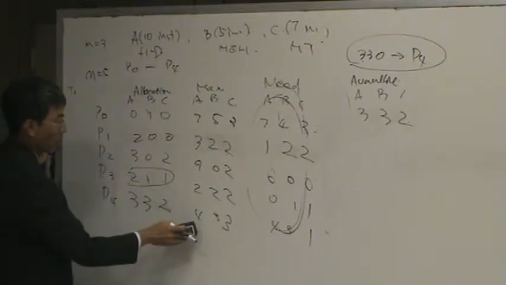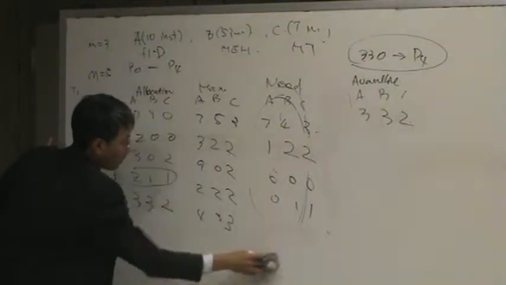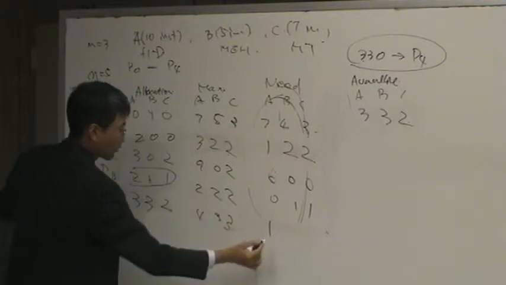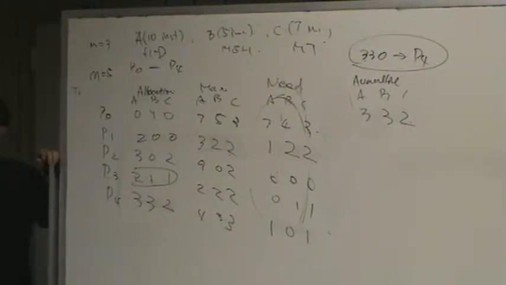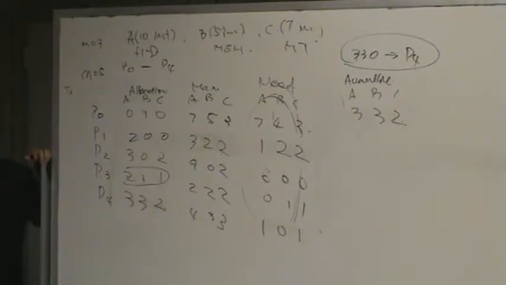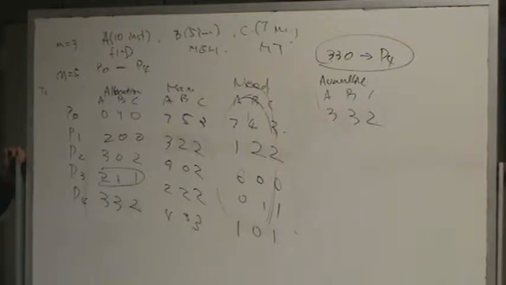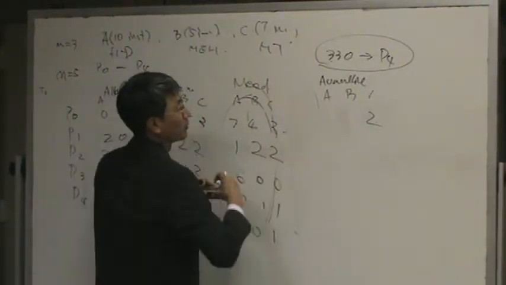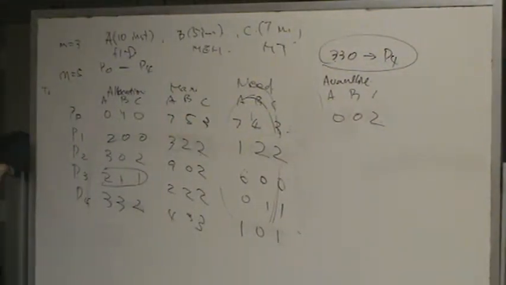Then maximum is 4, 3, 3. So the need will be changed to 1, 0, 1. Can you find, after you grant the request of P4, the process list? Then this should be changed. This is the current state.